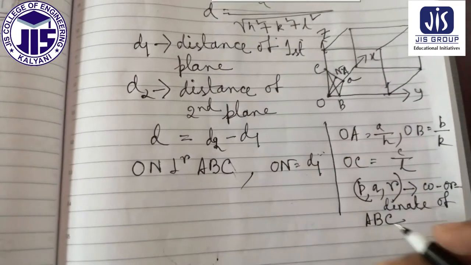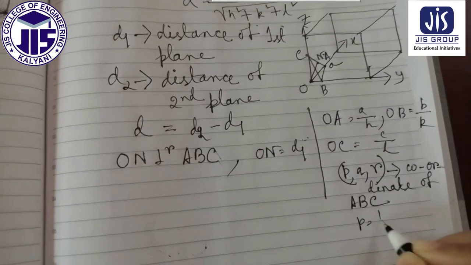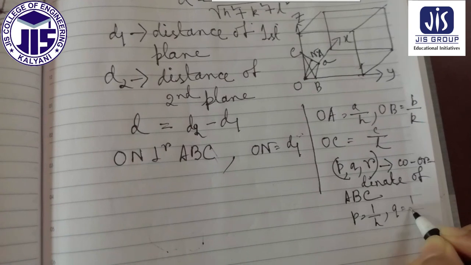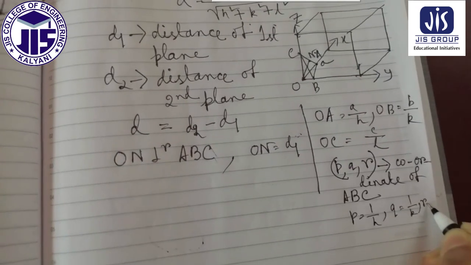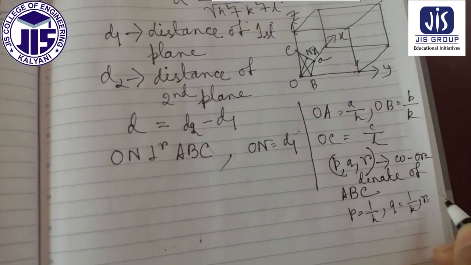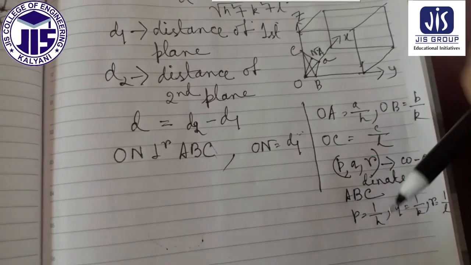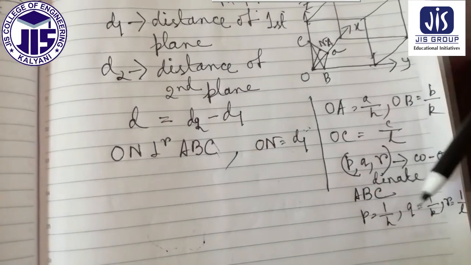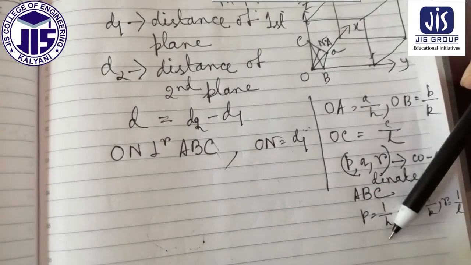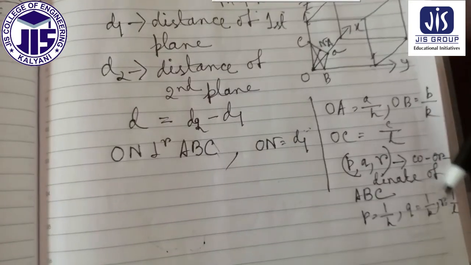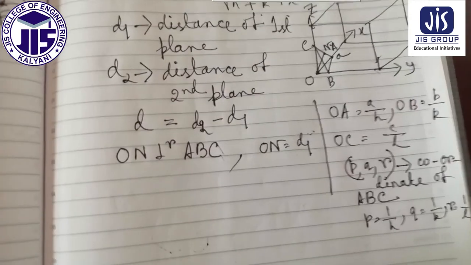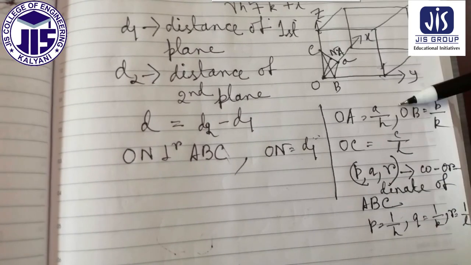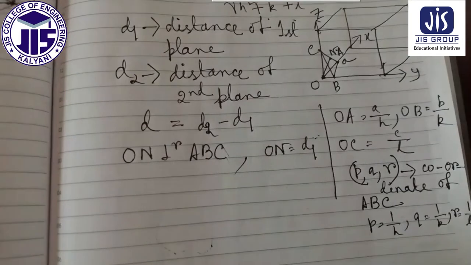Now can we write p equal to 1 by h, q equal to 1 by k, r equal to 1 by l? We know this from our class, because the coordinate is the reciprocal of the Miller indices. So therefore we can write OA equal to a by h, OB equal to b by k, and OC equal to c by l.